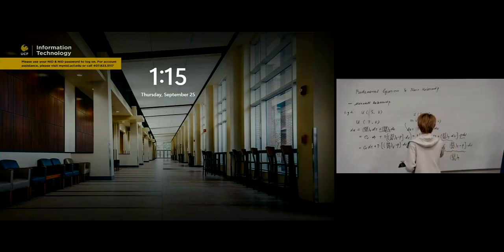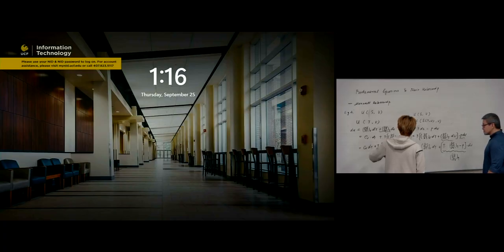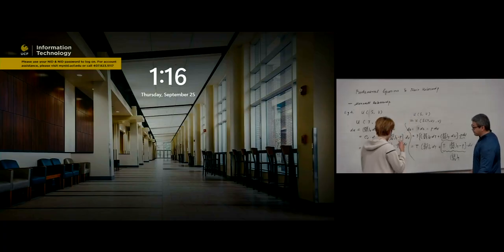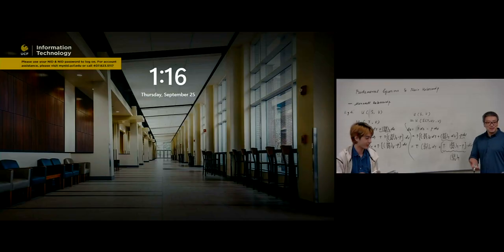This term is from here, and this is what we wanted over here. Oh, so that's how we relate. And how are these two equivalent? From the Maxwell relationship. Oh, right, okay. Thank you.